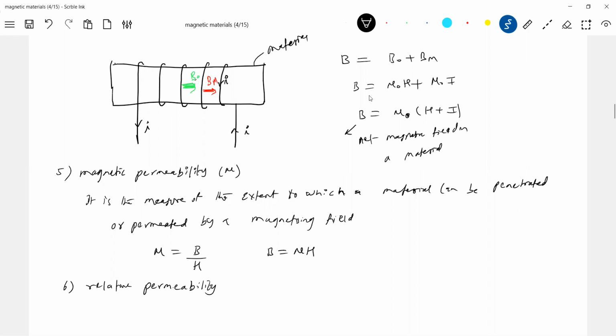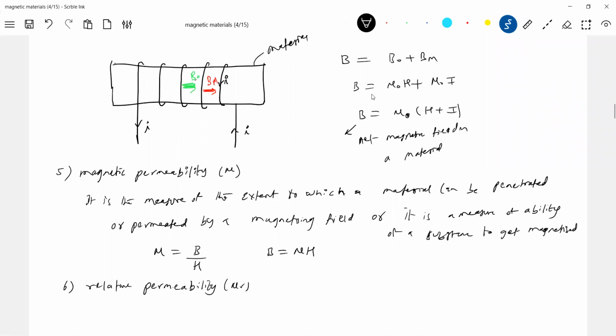Now relative permeability, mu r. First, what is the permeability? It's a measure of the ability of a substance to get magnetized.